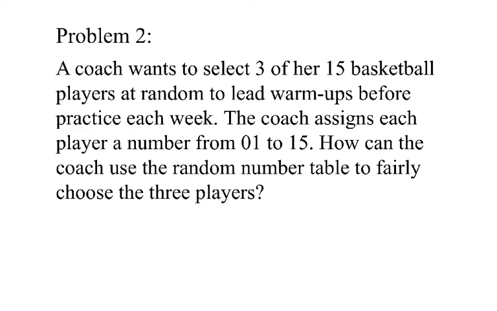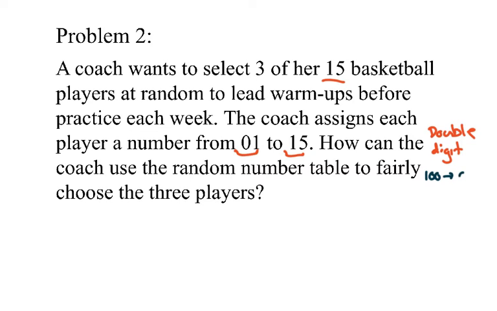So one thing that's important is that we're going up to 15, so all of our numbers here are double digits. Okay. If I was going up to 100, I would use 3 digits.